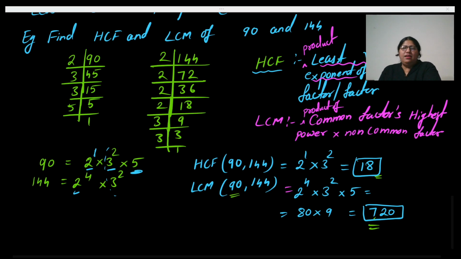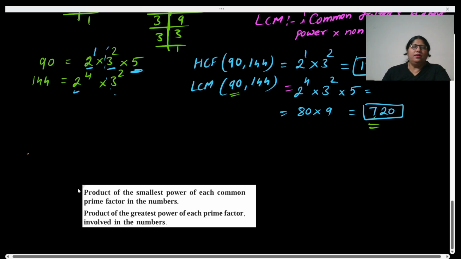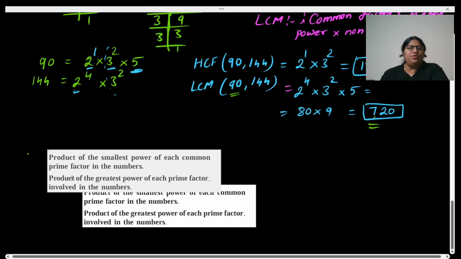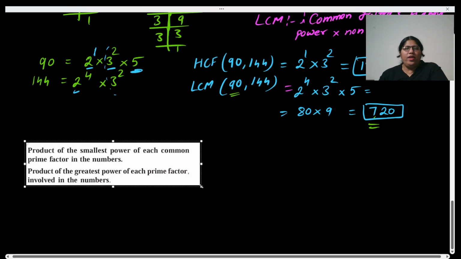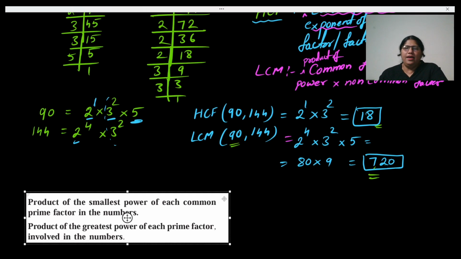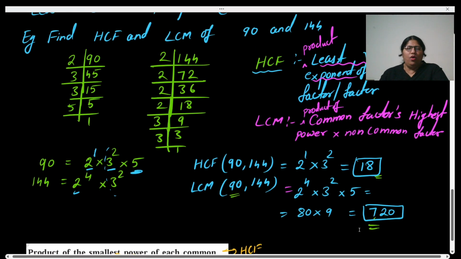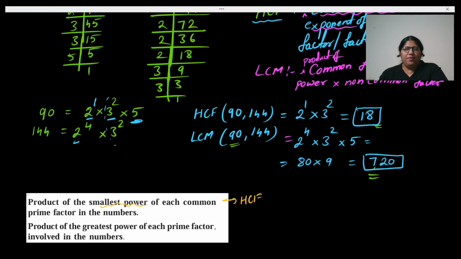Now let us see the relationship between HCF and LCM. Before that, you have to remember that whenever you need to calculate the HCF, you take the product of the smallest power of each common prime factor in the numbers.